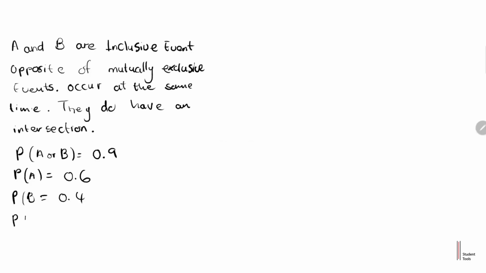Calculate the probability of A and B. So this is what we are looking for, the probability of A and B, which we can translate as the probability of the intersection of A and B.